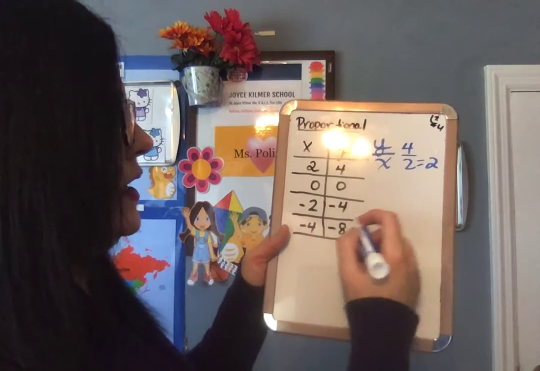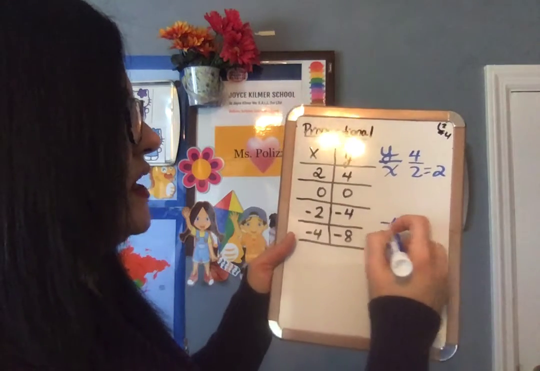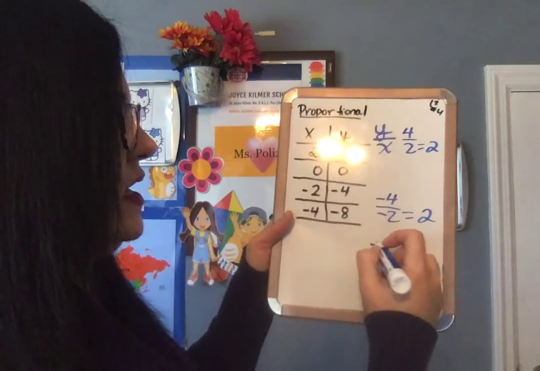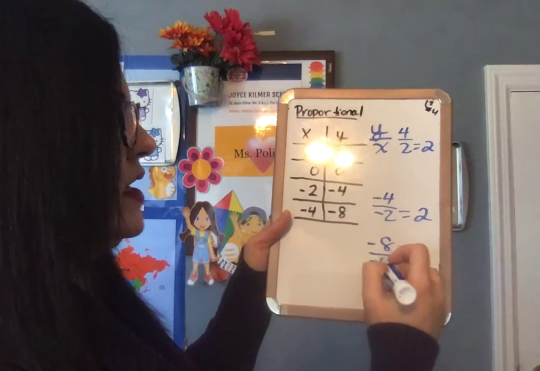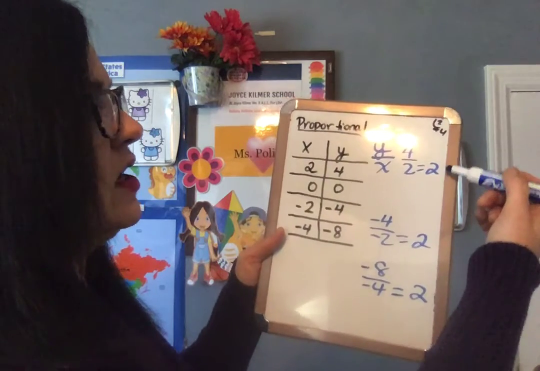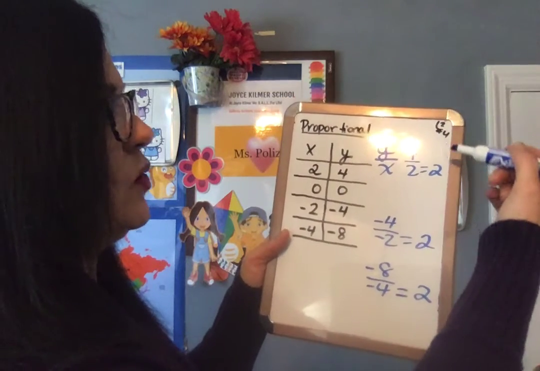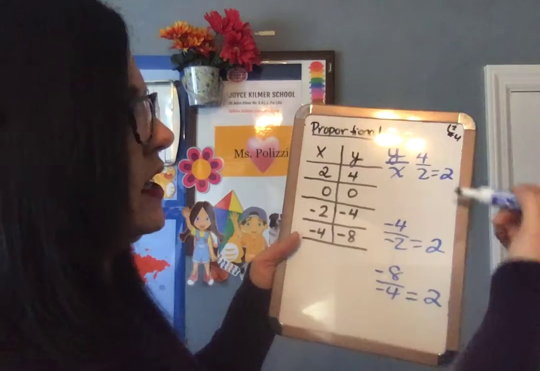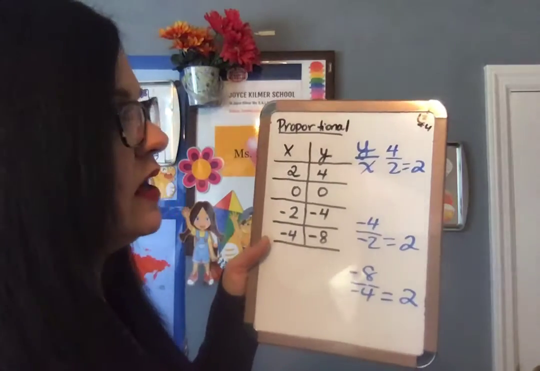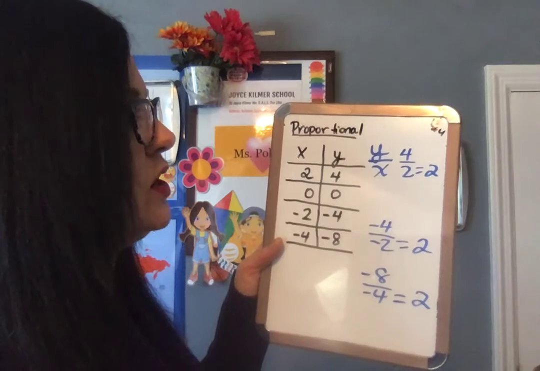Let's try -4 divided by -2, and again we get 2. And then we have -8 divided by -4, and again we get 2. So in every case, when we divided y divided by x, we got 2. So it is proportional, and the constant of proportionality is 2.